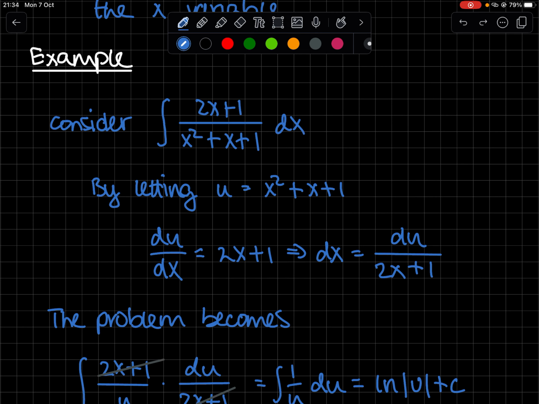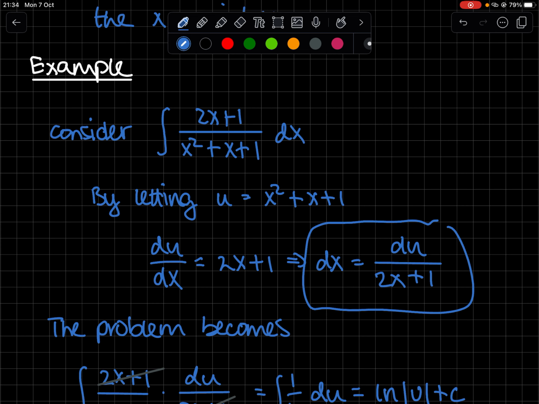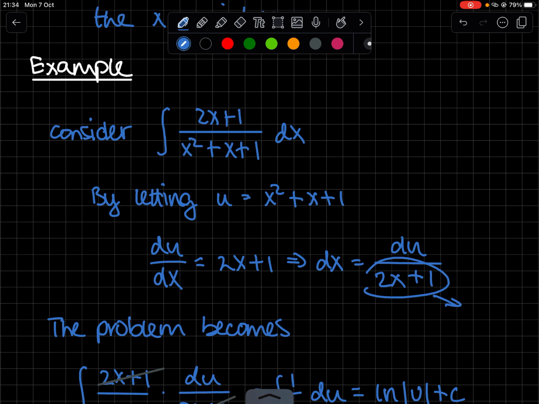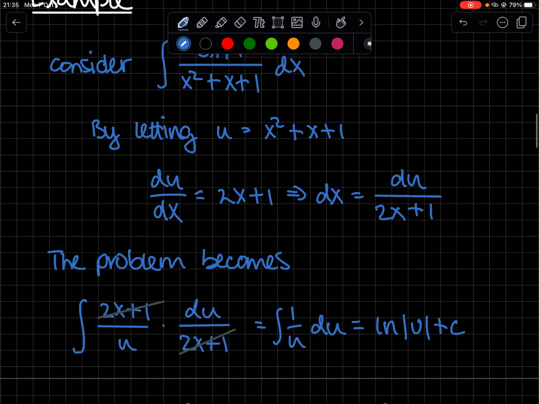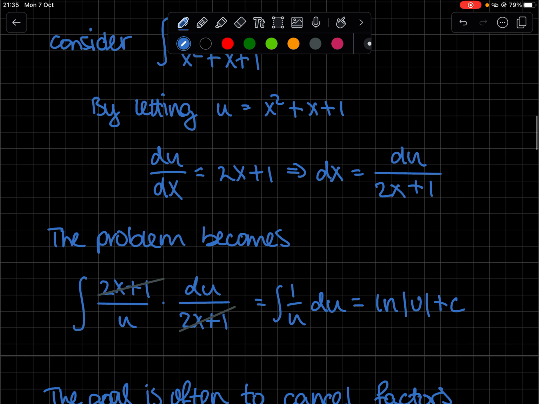We get that dx equals du over 2x plus 1. Okay? And this 2x plus 1 is essentially your u dashed of x. So, why was this a good U-substitution? Because the problem now becomes 2x plus 1 over u times du over 2x plus 1.